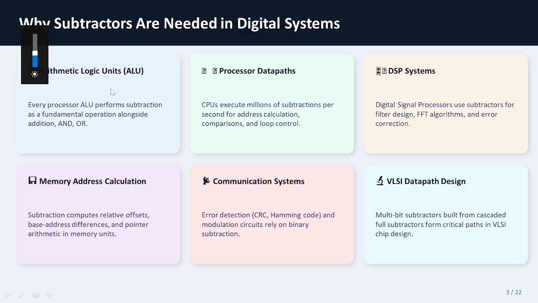And for the ALU to perform subtraction, it uses a comparator. In the previous class, I also explained the comparator. What is the use of comparators? To compare the values, right?